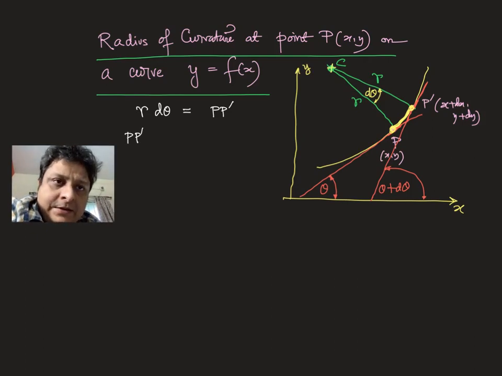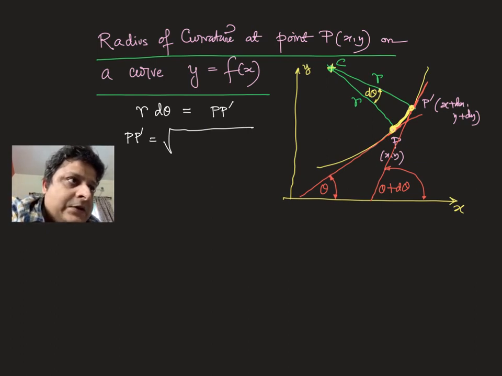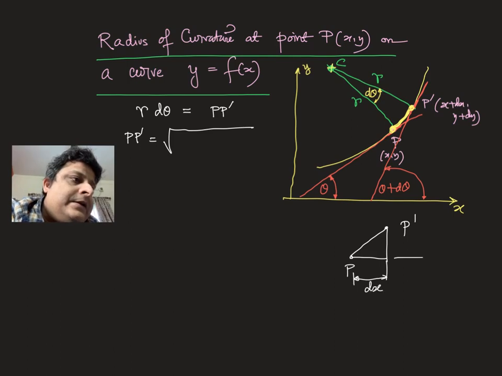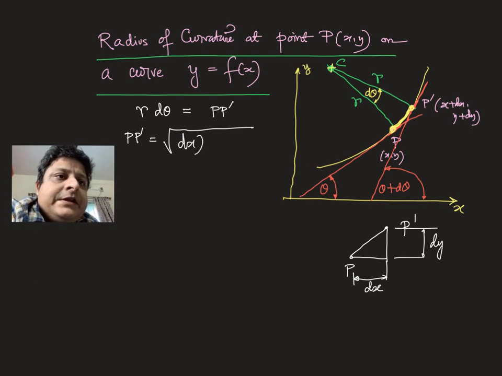Now P P dash is so small that it's almost a straight line connecting P to P dash, so with the sides of this little triangle dx and dy, it's the square root of dx square plus dy square. That's a good enough approximation, because P P dash is very small.